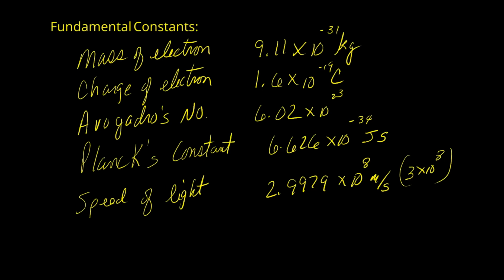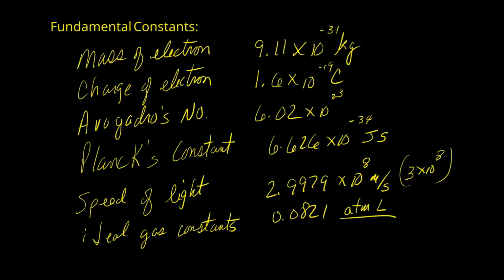Ideal gas constants. 0.0821. That will be atmospheres liters over Kelvin mole. Or if I'm dealing with energy, 8.314 joules per Kelvin mole.